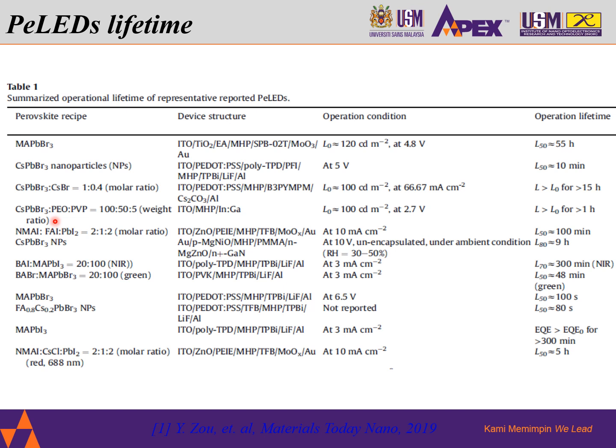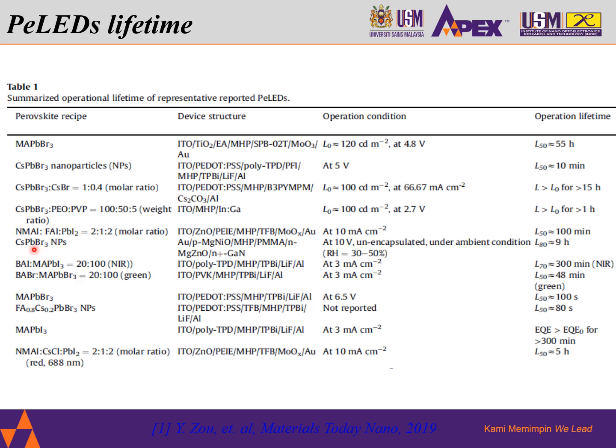This is followed by CsPbBr3 PEO-PVP with a ratio of 150 and 5 weight ratio. The device structure is very simple: ITO, MHP, and also gallium. The operation condition is similar to the previous one, 100 candela per square meter, however at a quite high voltage of 2.7 volts compared with earlier. This operational lifetime, however, is only slightly higher than 1 hour.